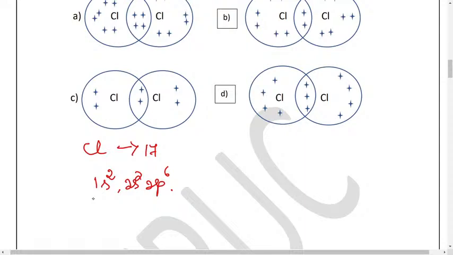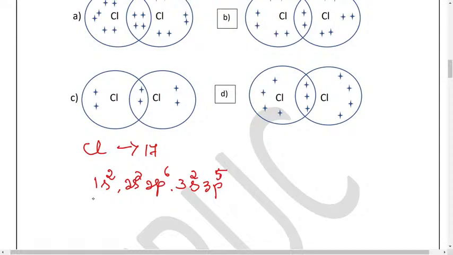Then the remaining 7 electrons enter into the third main energy level. First it enters into the s orbital of the third main energy level, 3s2, and here it is the 3p. 12 electrons, 5 electrons. Understood, dear students? The 5 electrons remain here.